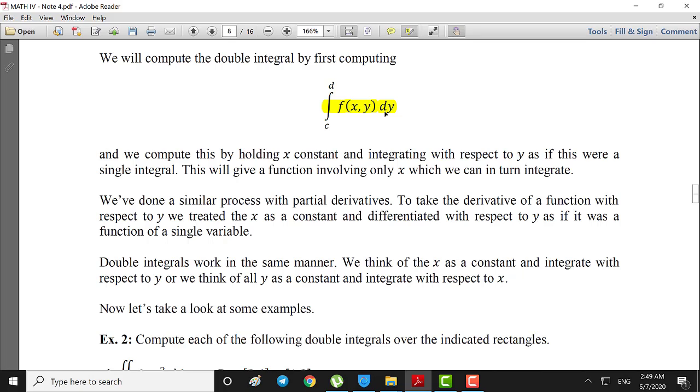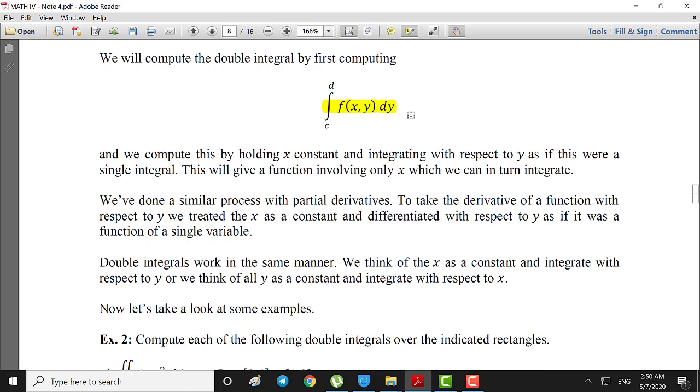Now, in this integral, please pay careful attention, I'm repeating myself. In this integral, integration from c to d of f of x and y dy, when y is changing and we have dy, we treat x as a constant. If it was dx and x was changing, we would treat y as a constant.